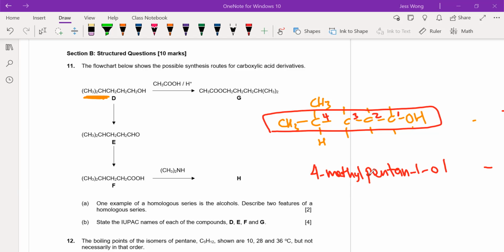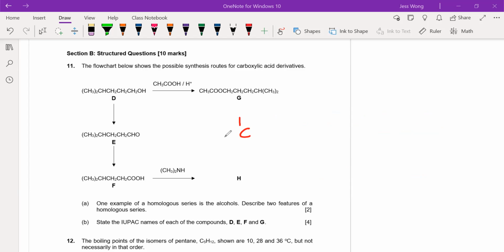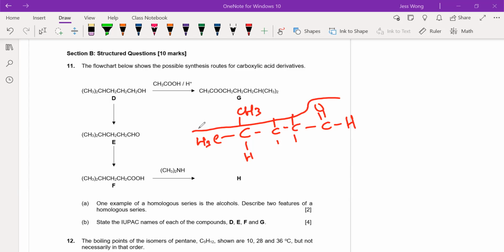That's for D. Next, let's try to name E. The same thing, if you draw out E and sketch it out, it will look something like this: CH2, CH2, CHO. So this is an aldehyde, and it's the longest chain, a 5-carbon aldehyde, so it will be called a pentanal.